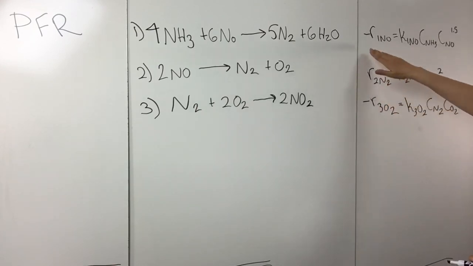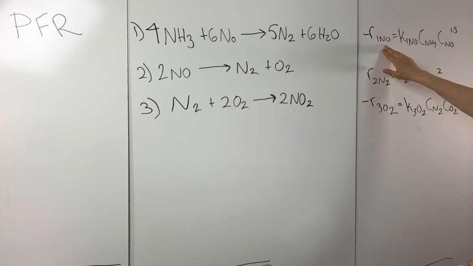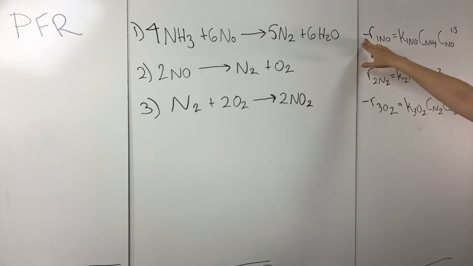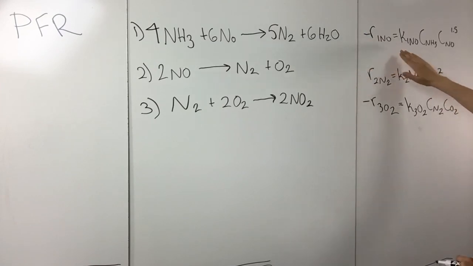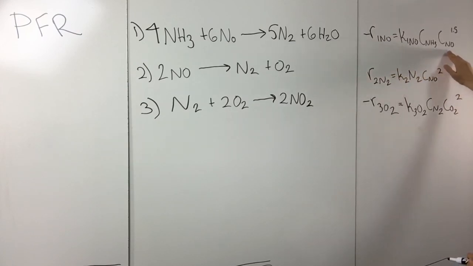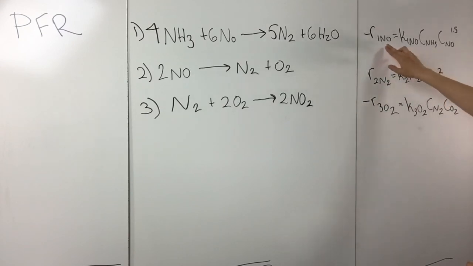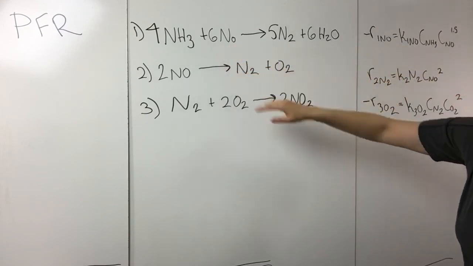And then another thing to look at, hopefully this is already pretty clear by now, but I'm thinking there might be some confusion. If your rate law has a minus sign in front of it, that designates that this is the rate of disappearance. So this is the rate at which NO is disappearing.